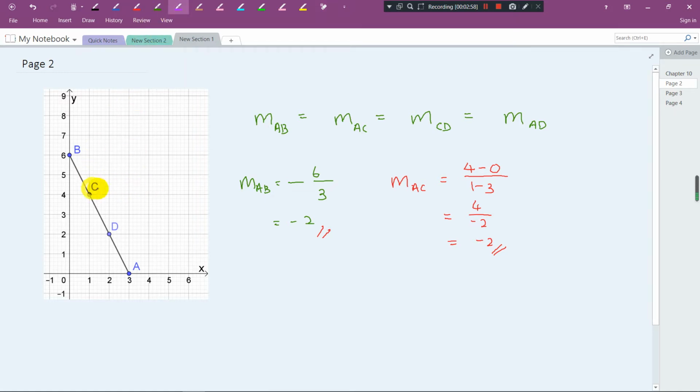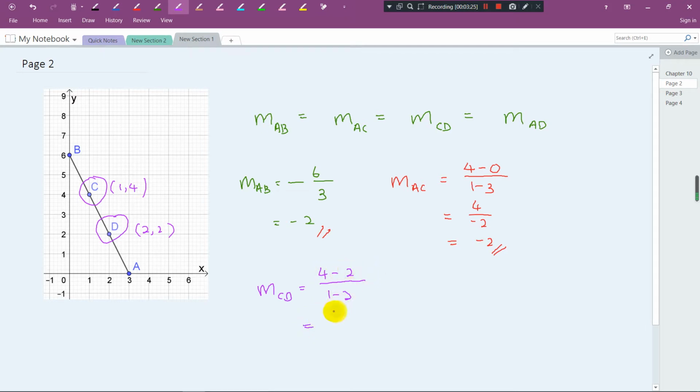Okay, let me use another color. C is (1, 4) again, D is (2, 2). 4 minus 2. Remember y on the top. This is for y, and this is for x. 1 minus 2.